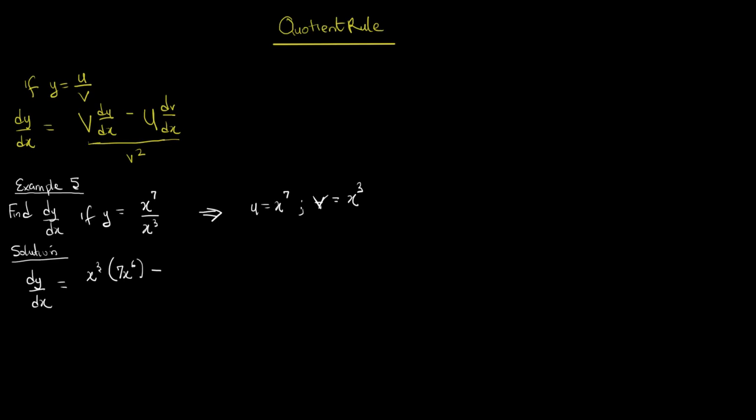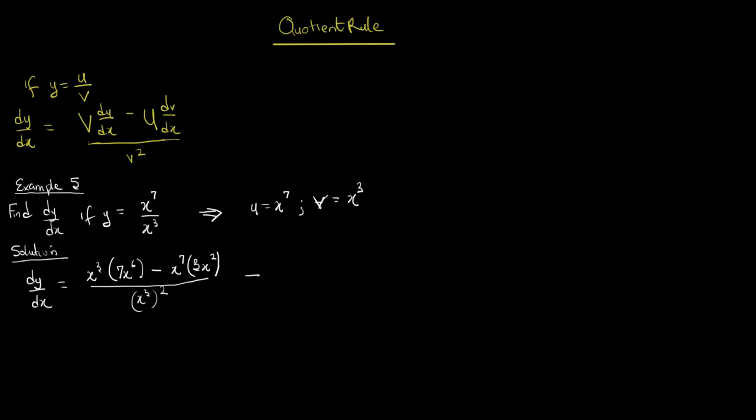U in this case is x raised to power 7, multiplied by dv/dx. Dv/dx is differentiating v with respect to x, so it's going to be 3x squared, divided by v squared, which is x raised to power 3, all squared.